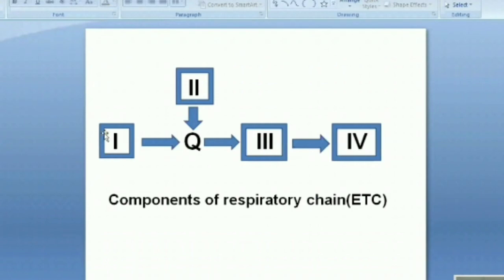The electrons are transported from complex 1 to coenzyme Q. Why? Because of increasing redox potential.